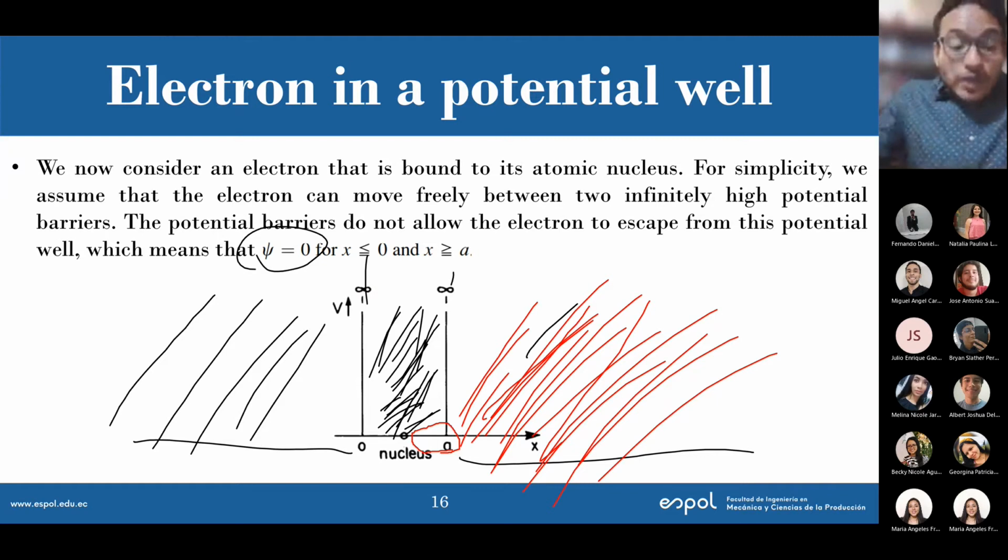The electron is now contained within this well. So the wave function will have a value in that range, but outside that well, it will be 0 because I have no electron there. Is it clear what's happening now, guys?